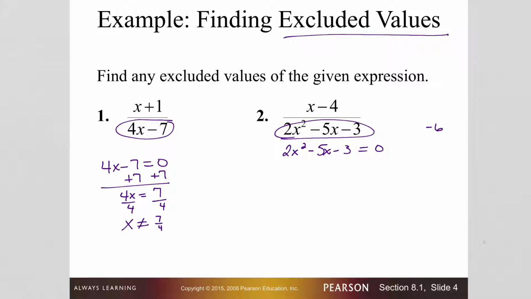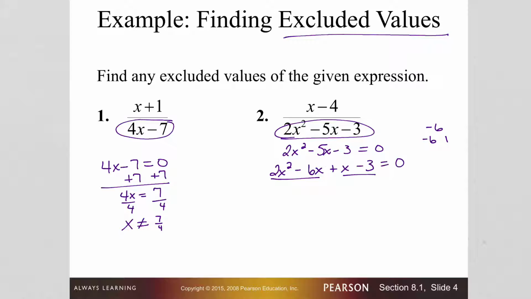And factors of negative 6 that add up to be negative 5 are, let's see here, negative 6 and positive 1. So I'm going to rewrite my middle term using negative 6 and positive 1. So I've got 2x squared minus 6x plus x minus 3 equals 0.